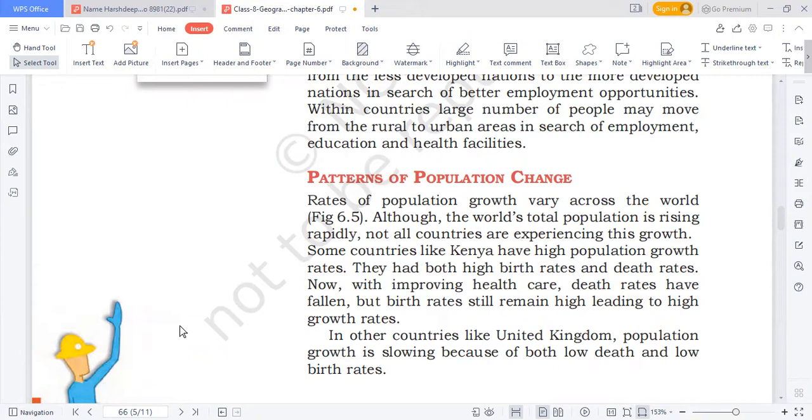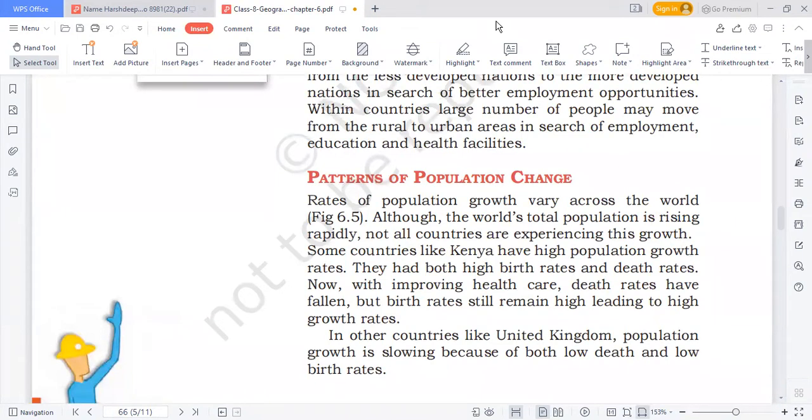In 1970, India's total population was 70 crores. In the next 30 years till 2001, it increased by 31 crores.